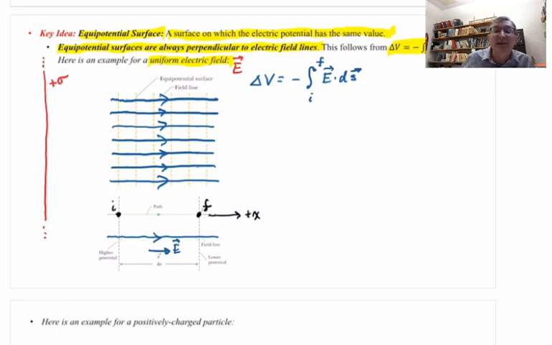What if we imagine in this integral that points I and F are on the same equipotential surface?